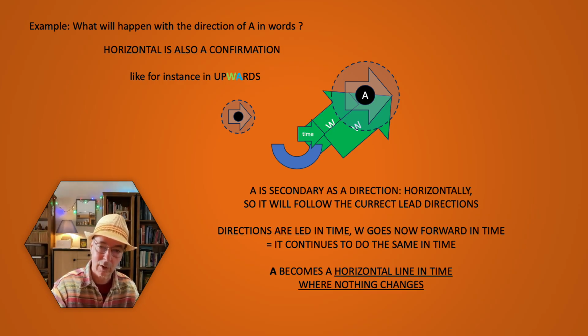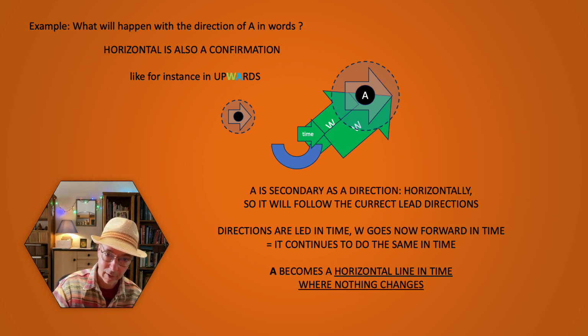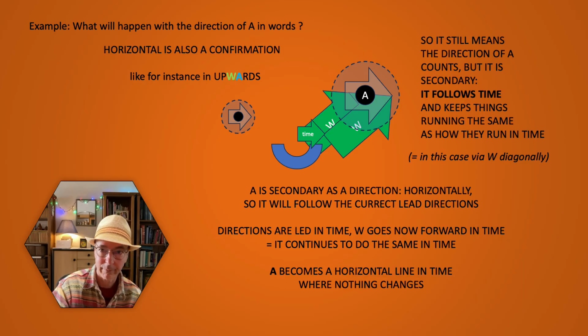Thanks to this constant aspect of time, which is basically horizontal as a foundation, in a way it seems that nothing changes or it continues to do the same things over and over again.